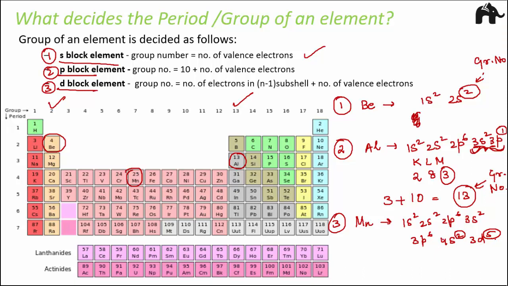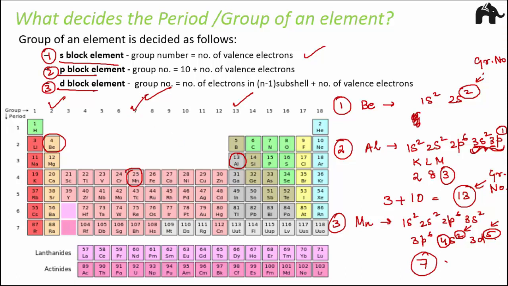So the period in this case would be 4, because that is the n value of the last shell. But the group number is the number of electrons in the (n-1) subshell plus the number of electrons in the valence shell. So that means 2 plus 5, that is a total of 7. So 7 would be the group number.